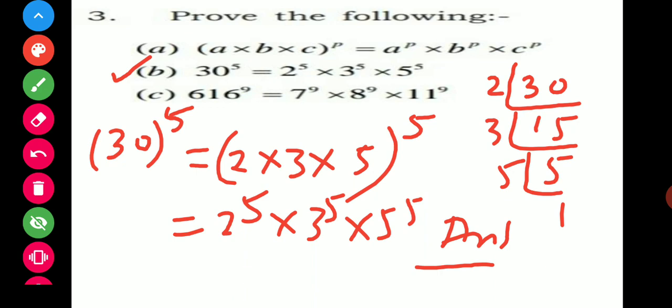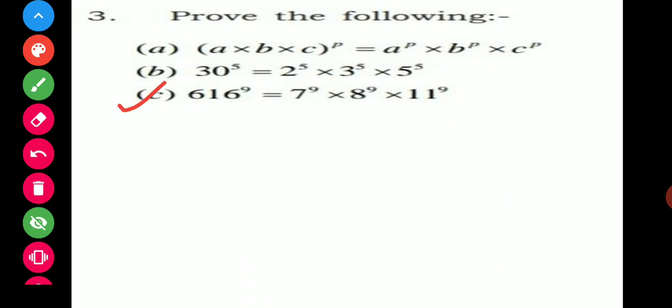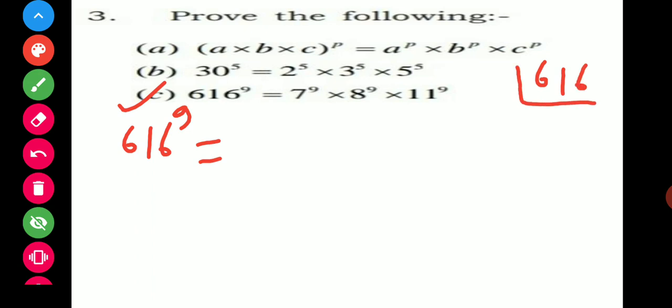Now what will happen in the C part? You can do the C part very well. This one is the C part. It is 616 to the power 9. It is your left hand side. So 616, do the prime factors.